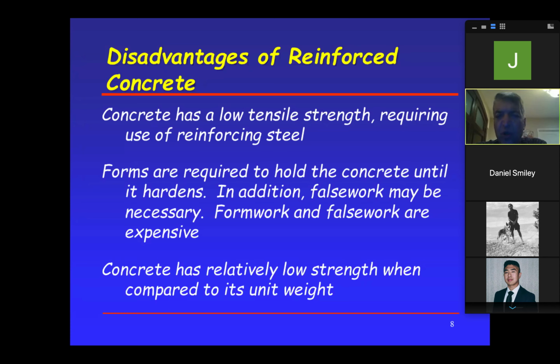Forms are required to hold the concrete until it hardens. Once the concrete hardens, you strip the form, right? We'll talk about that. In addition, false work may be necessary. False work, these are the stuff that we support with.